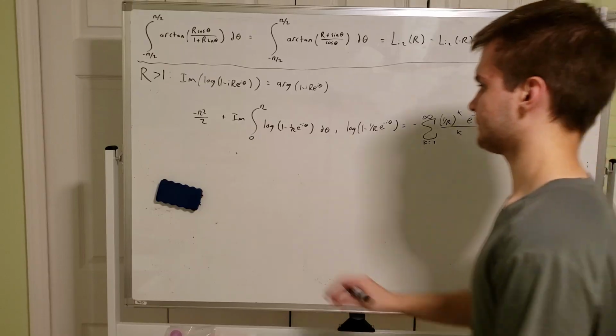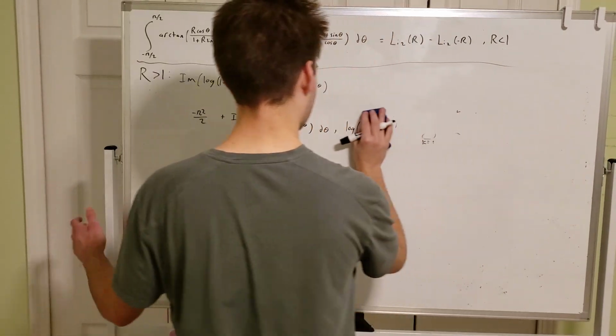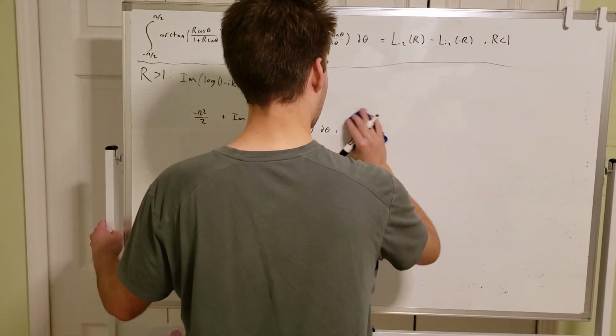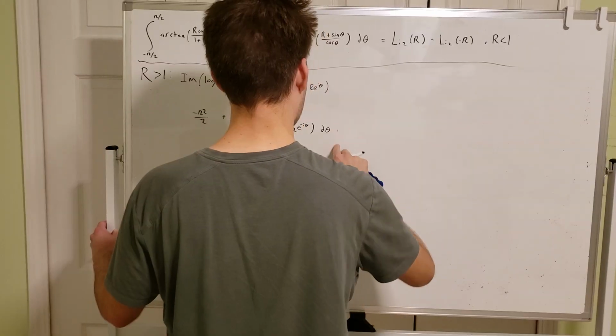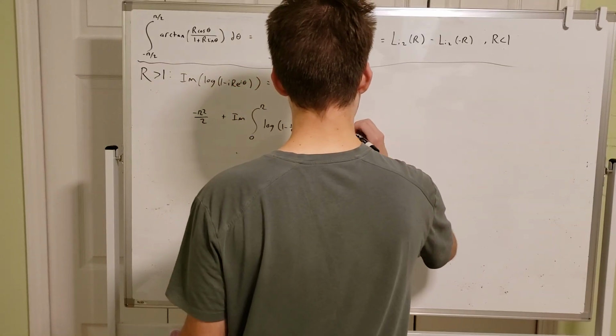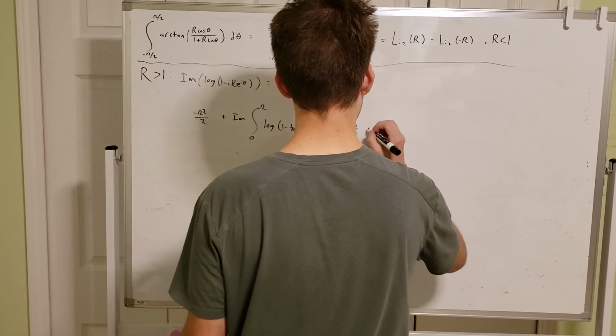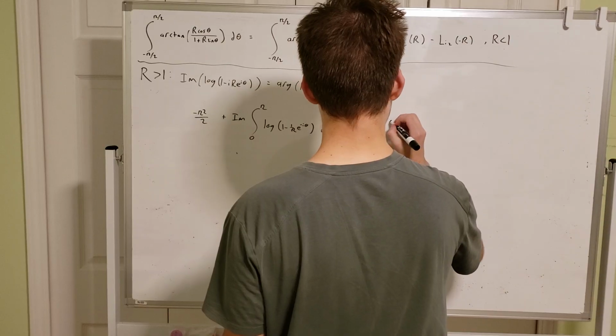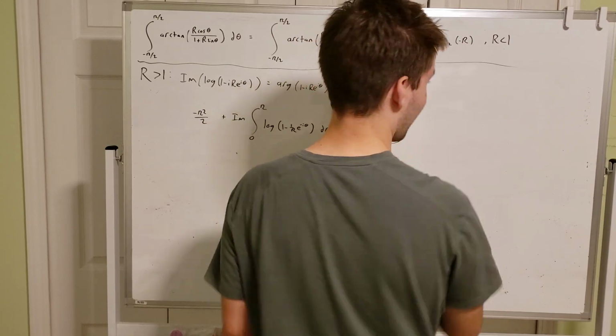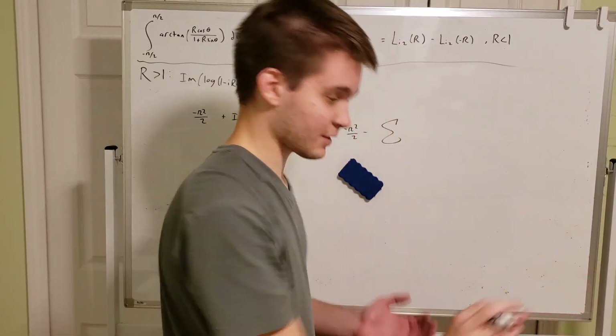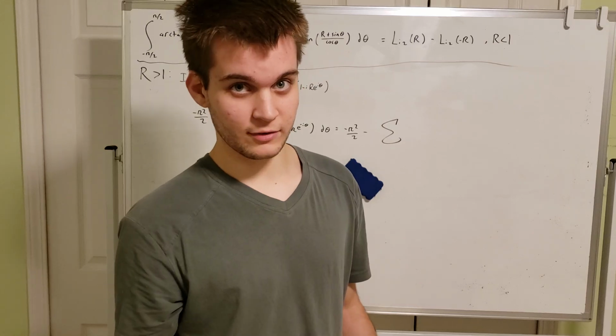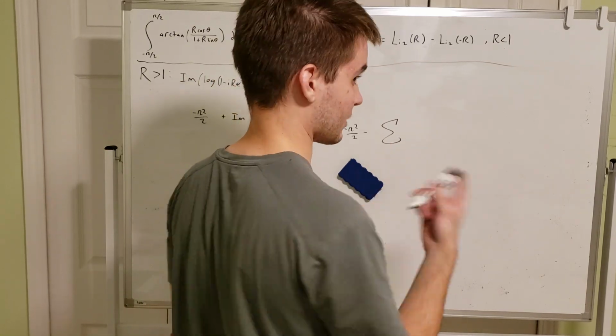It's that. So let's plug that in. It's going to equal minus pi squared over 2 minus sum. Again, I'm going to exchange the summation and the integration without justification. As usual, you know the drill.